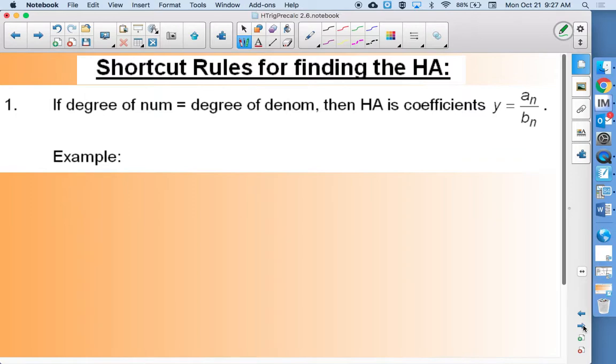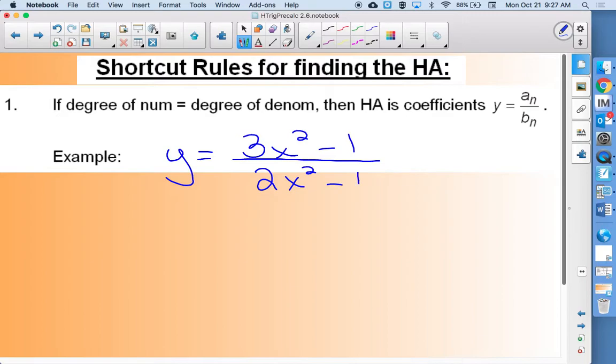When that is the same, then the HA has the coefficients of the numbers in front. So just making a different equation for us to look at. If we had 3x squared minus 1, and then maybe 2x squared minus 1 as well. So the degree of the numerator, degree of the denominator is a 2.